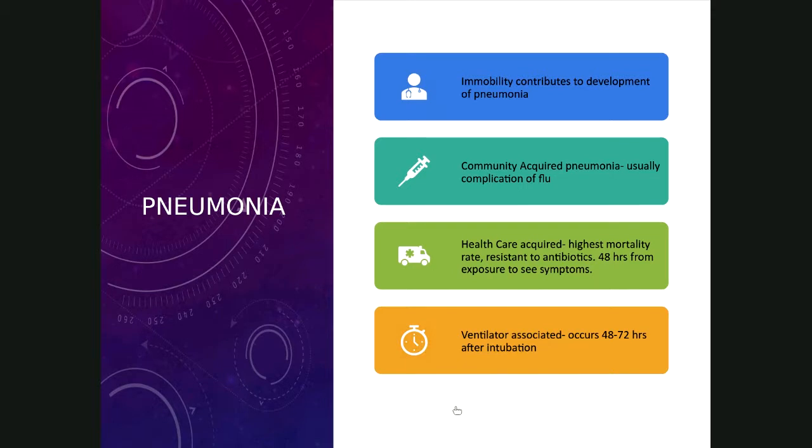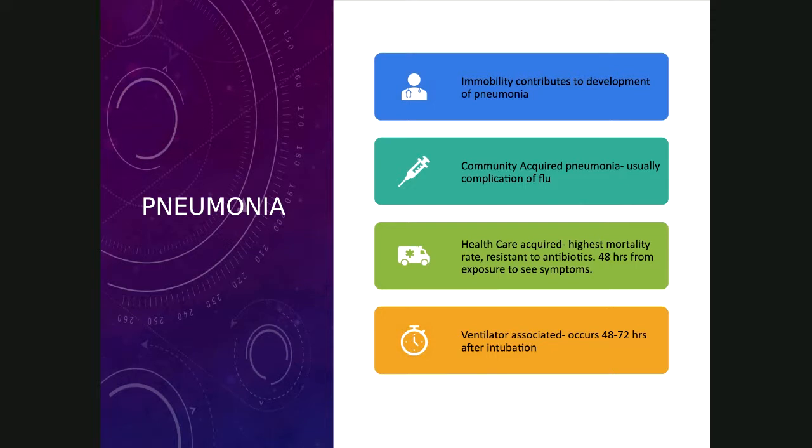A lot of times these patients will be confused as to why they keep getting pneumonia, because no one's given them a virus or a bacteria, and you explain it's because they're not swallowing properly. There's usually a whole workup with speech therapy, swallowing studies, and so on. But that's your other type of pneumonia.